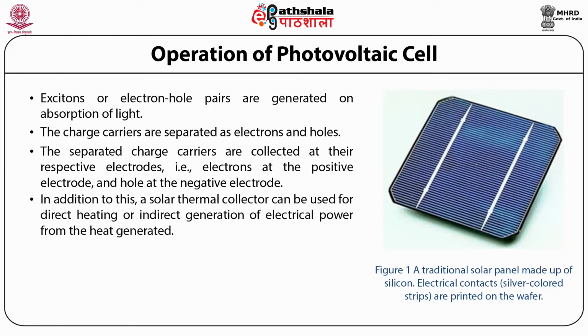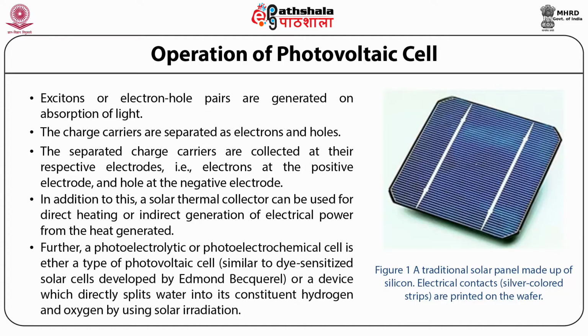In addition to this, a solar thermal collector can be used for direct heating or indirect generation of electrical power from the heat generated. In these devices, heat is supplied when sunlight is absorbed.